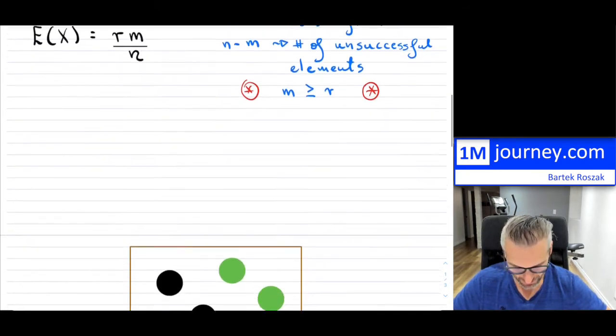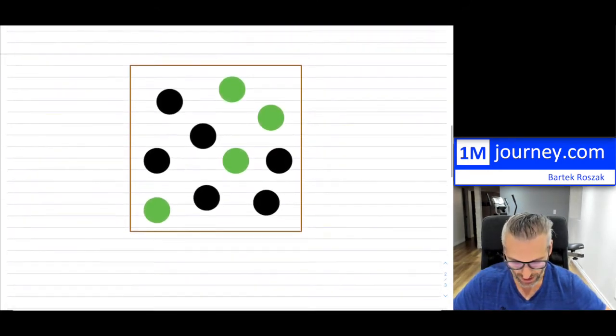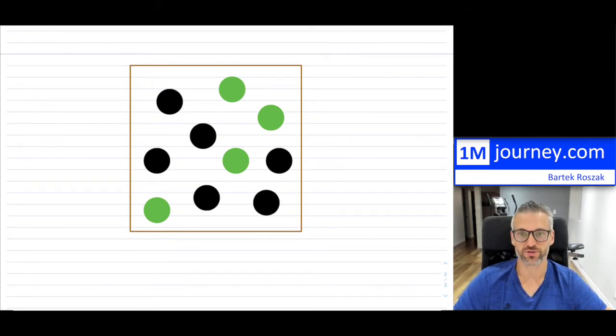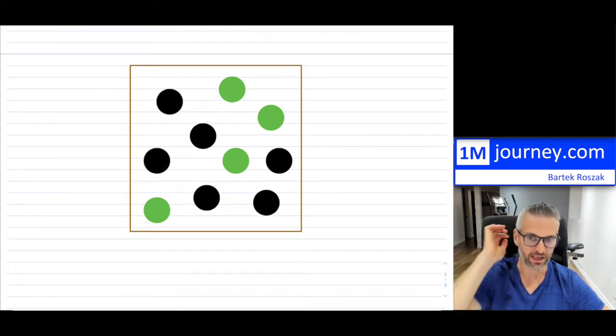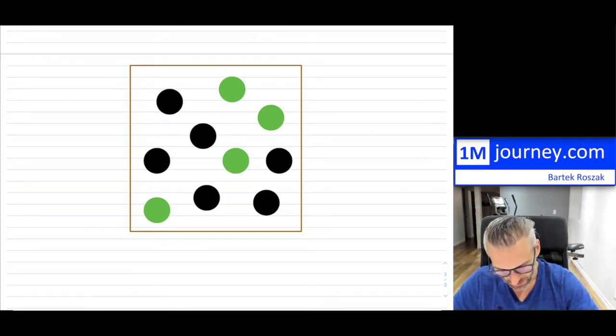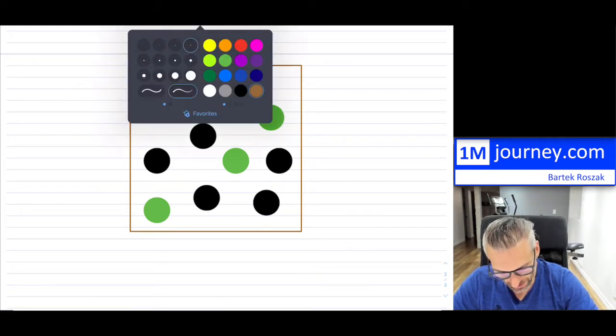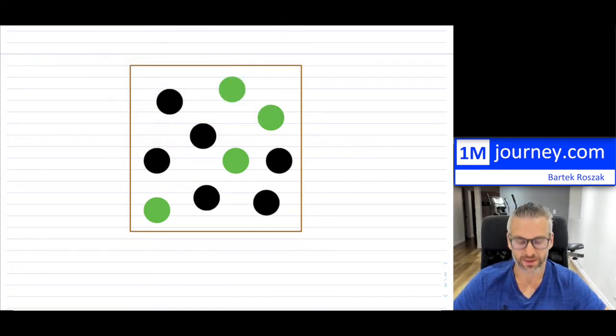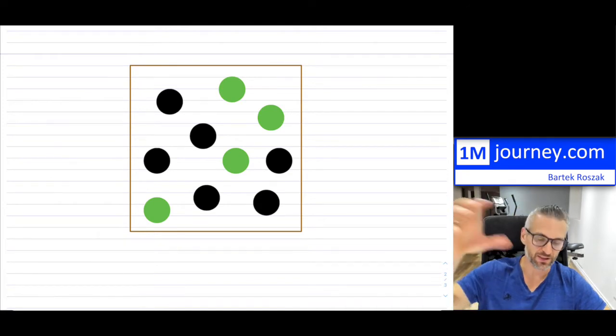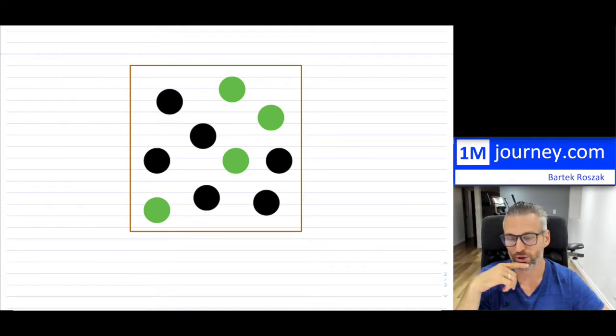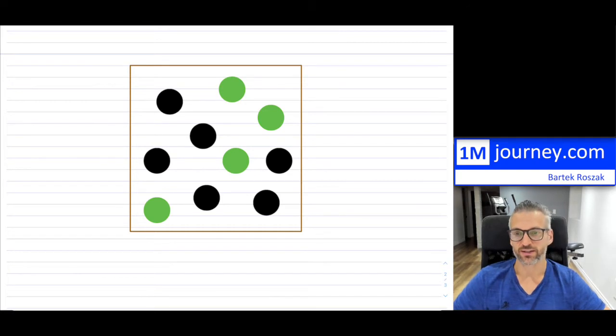All right, so let's imagine that we have this bucket, or some kind of a box, and in this box we have 10 different balls. We have green ones and black ones, so 4 green ones and 6 black ones. Now I'll randomly pick a ball out of this box, and I'll assume that picking a green ball would be success.